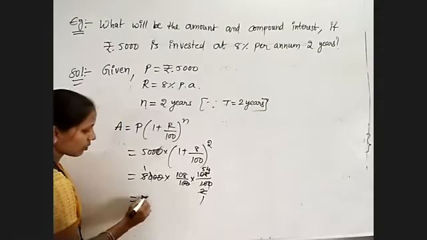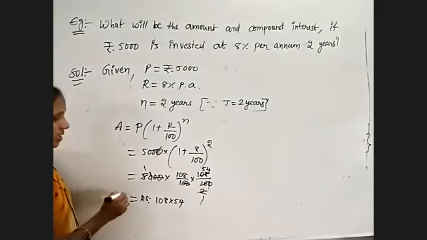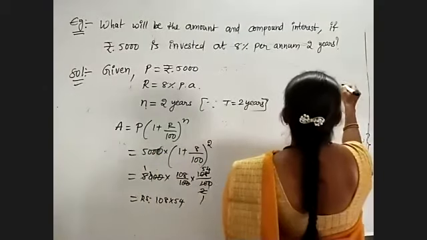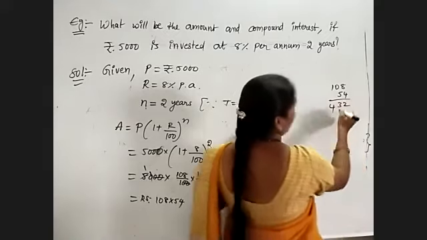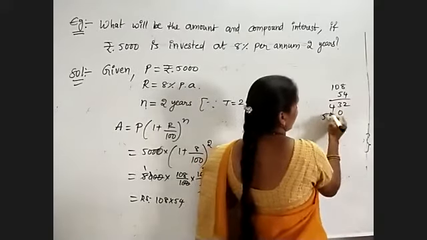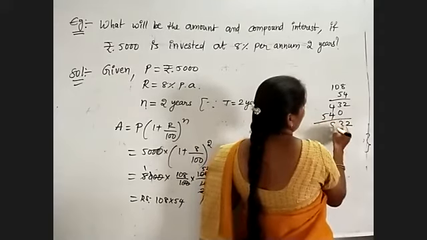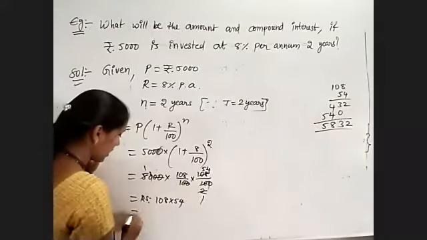So how much amount are we getting? 108 into 54. This is the amount. So do the calculation. 4 eights are 32, 4 ones are 4, 5 eights are 40, 5 ones are 5. So 5,832 rupees is the amount.